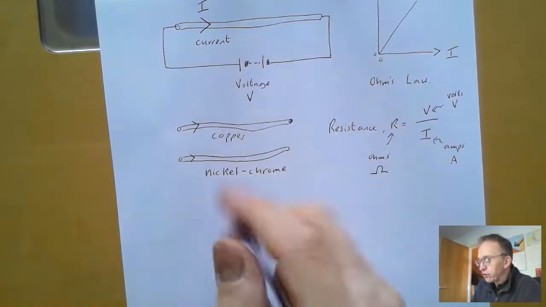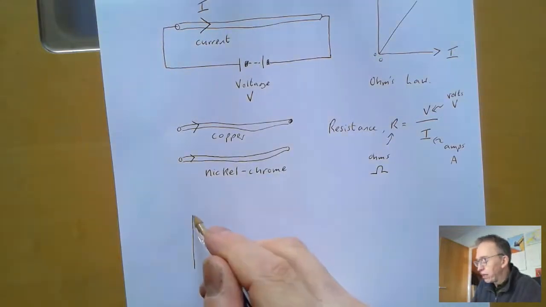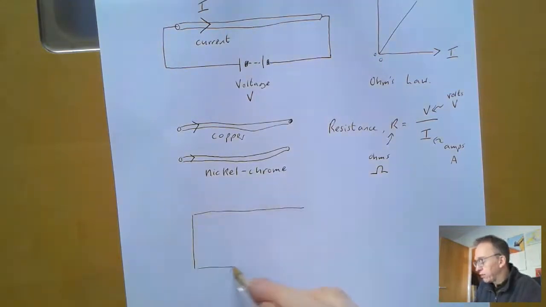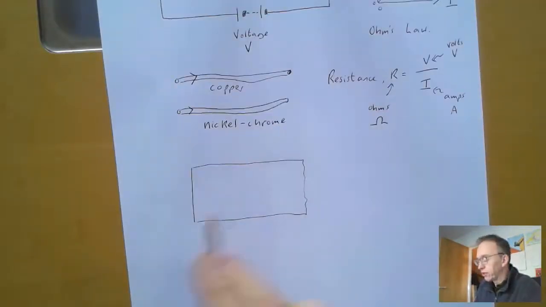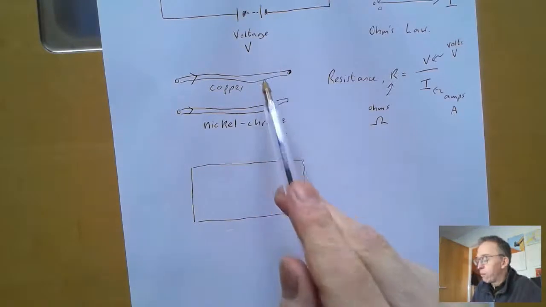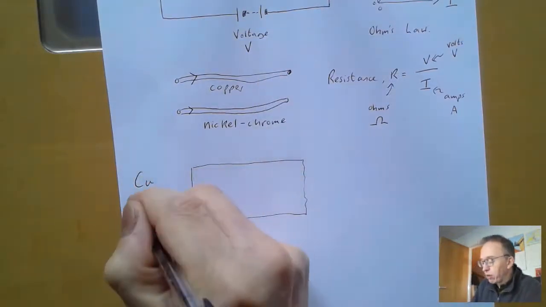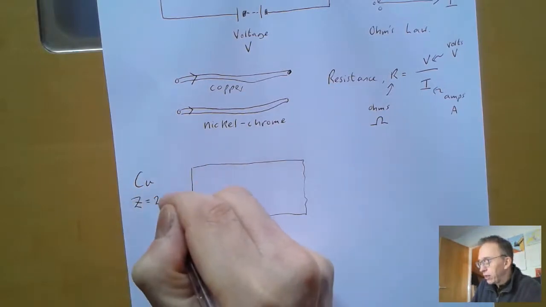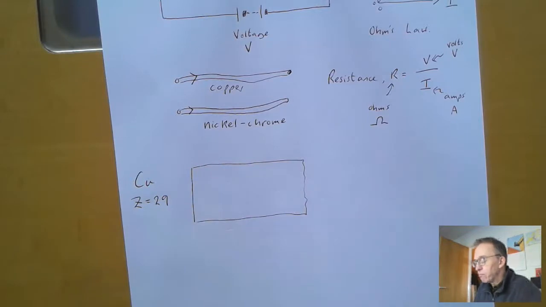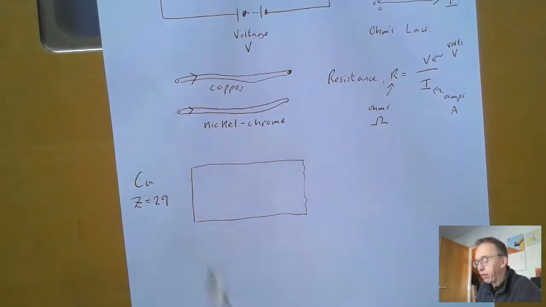So if we took a little piece of copper wire and we could zoom in on it and look inside it, so we could see a short section of it, and it looked something like that. Well, copper wire is made of copper atoms, and the atomic number of copper, its Z number, is 29, which means that each copper atom has 29 protons, but it also has 29 electrons orbiting around it.